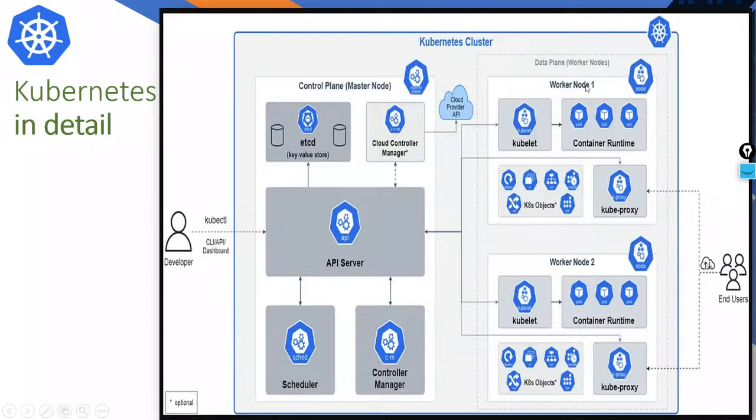Now, when we install over the worker nodes, we will install kubelet and kube proxy. So these are components over the worker nodes, components of Kubernetes. Kubelet will interact with the pod to understand what is the health of the pods.